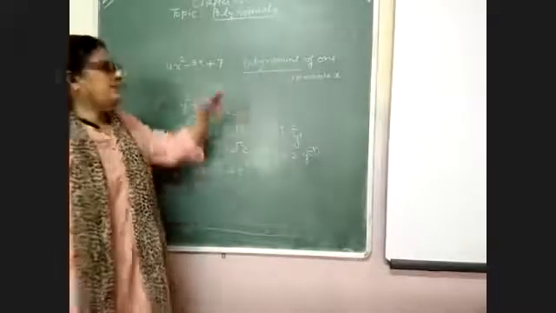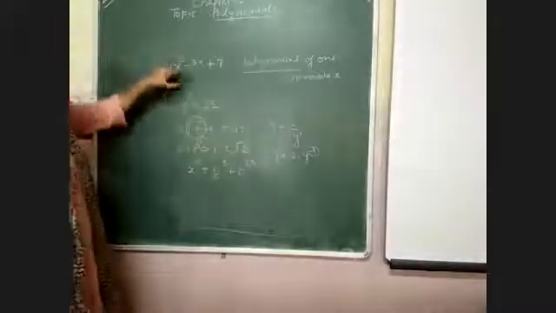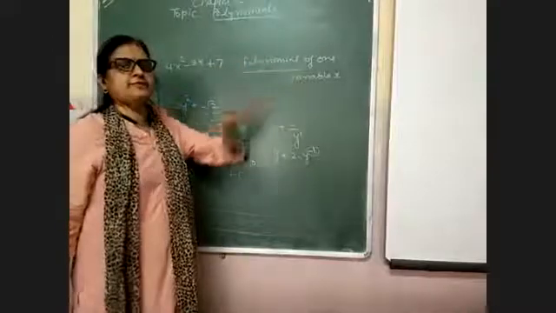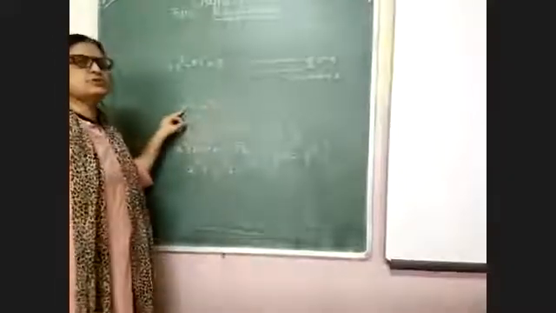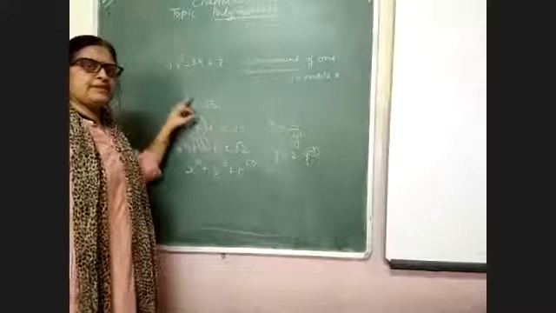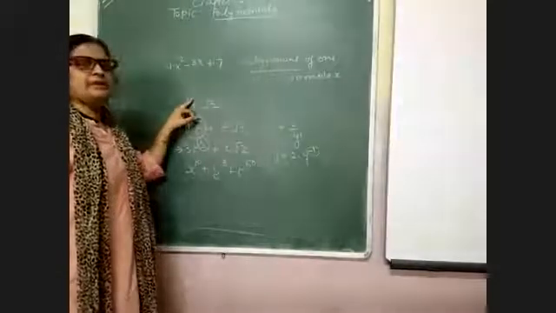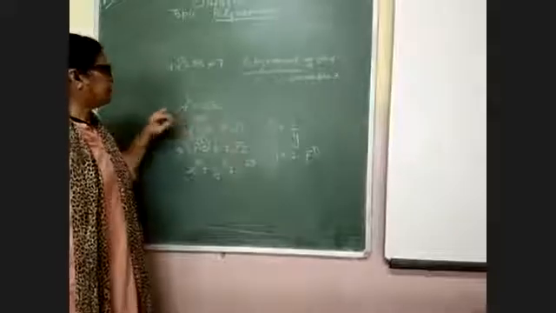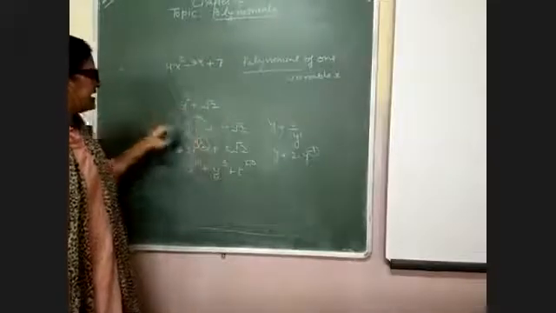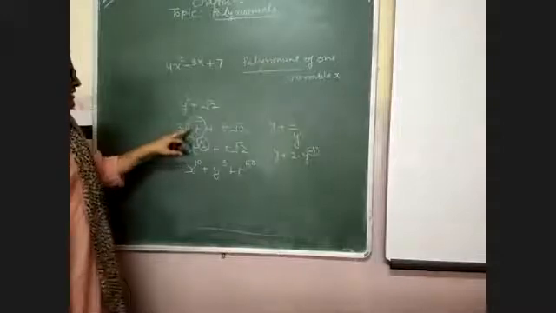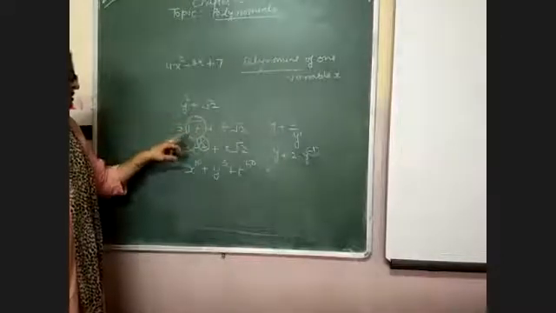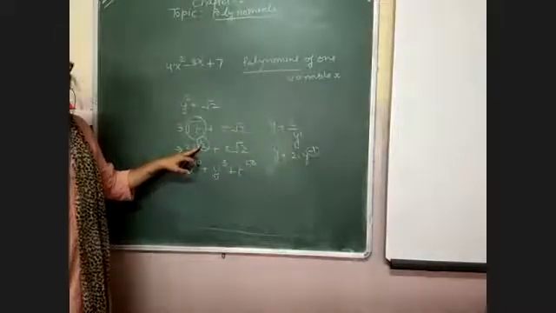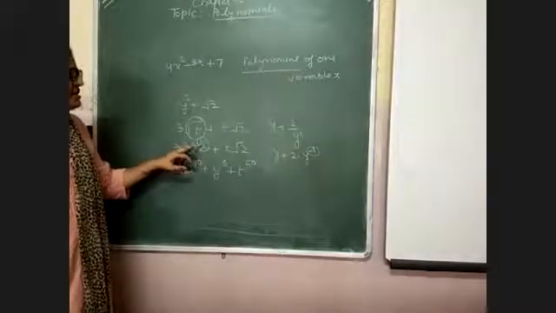Okay. Then for all the 5 questions, what will you say? In the first question, it is a polynomial of one variable, x. In the second question also there is one variable y, and the degree is a whole number, so it is also a polynomial of one variable y. But in this question, when you remove the square root, it becomes the power half. Half is not a whole integer, so it is not a polynomial.